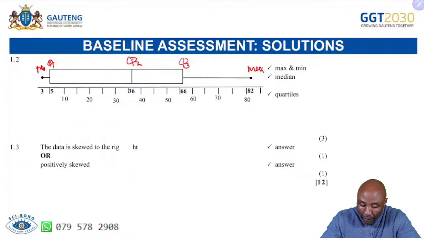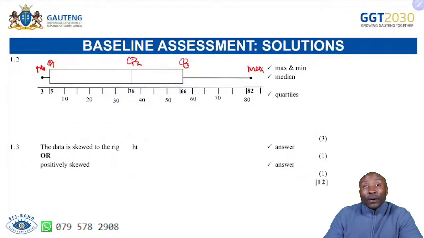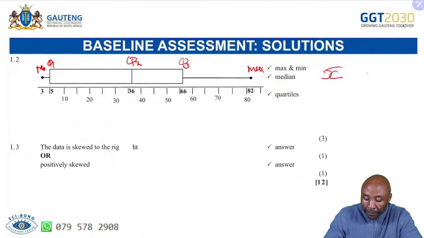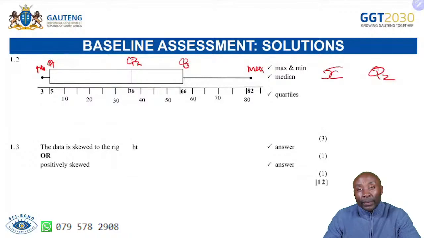Now, we are supposed to comment on the skewness of our data, and we are going to say our data is skewed to the right, or we say it's positively skewed. Remember, for us to comment on the skewness, we are comparing the mean and our median, because we calculated the mean, we also calculated the median.